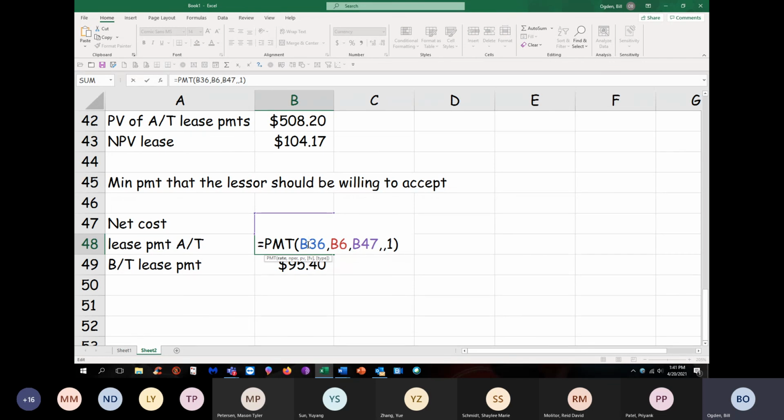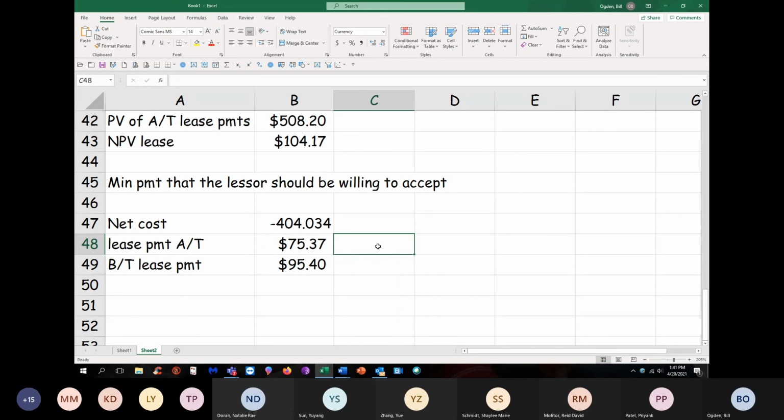You know what I could do? Let me do this for you. There you go. So you want the payment, and your arguments are the rate, which we have right above here.